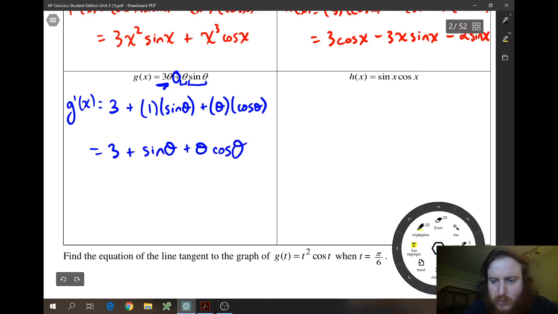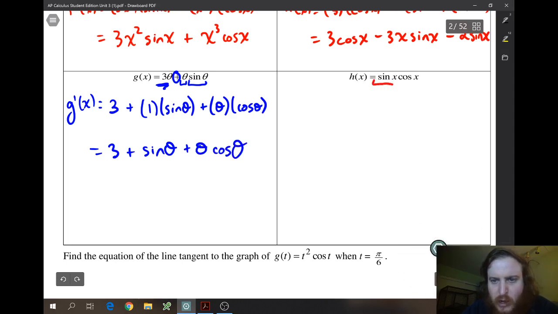And then lastly, if we had the derivative of sine x times cosine of x, right? It's all just the same process. Derivative of sine x is cosine of x times cosine of x. And then plus, now we're going to have sine of x, and the derivative of cosine of x is negative sine of x.